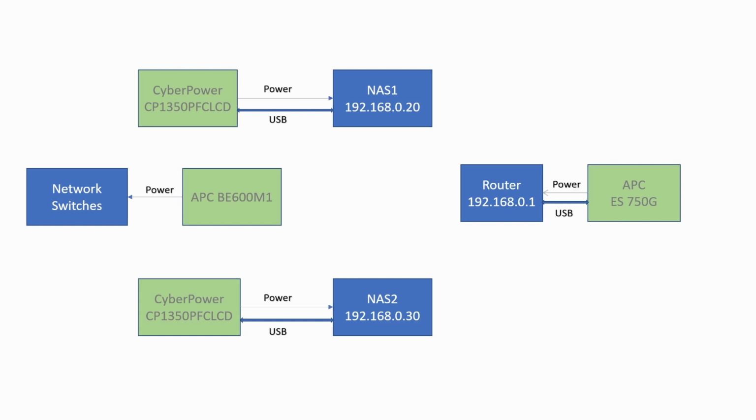Now the UPS is connected to the hardware, so it's supplying power. Now we need to connect the router to the network switch via a network cable. We've done that. Now we need to connect the various hardware to the network switch. Done that. Now let's spend some time on this particular topology, right?